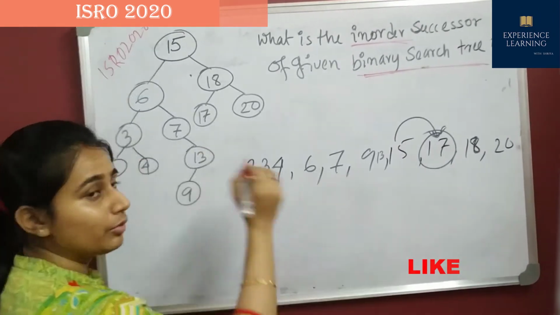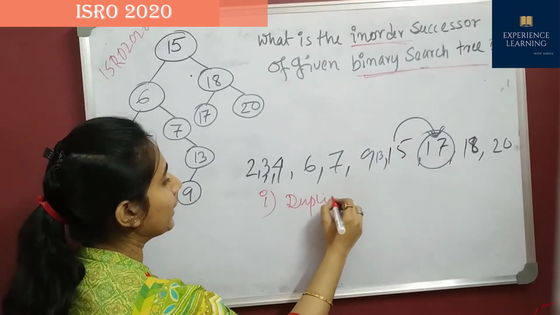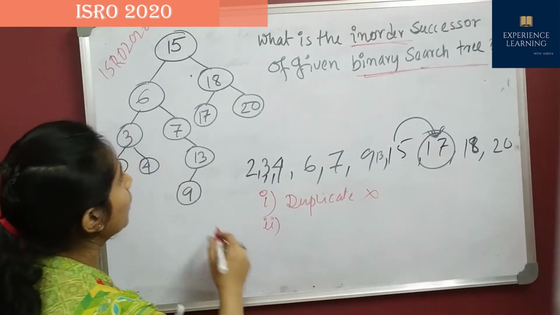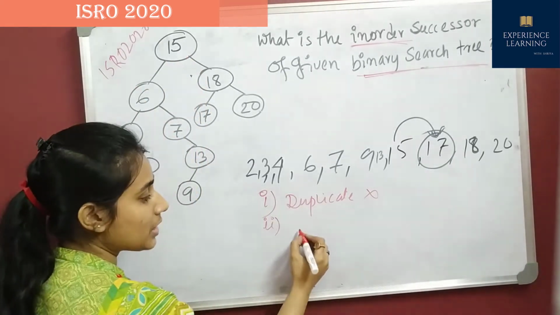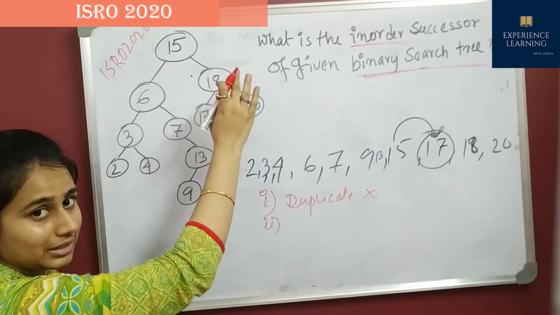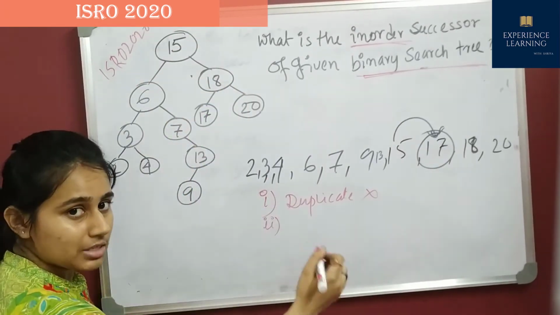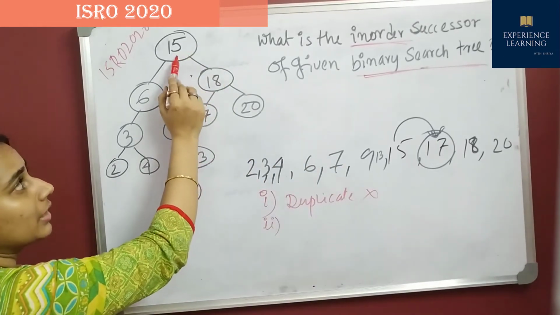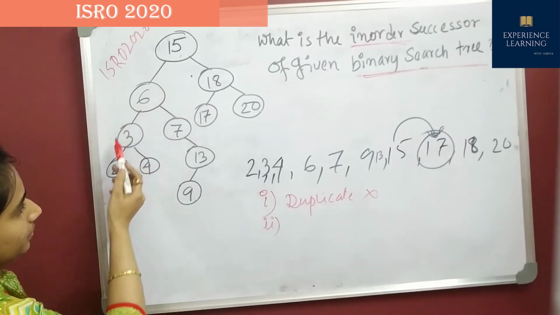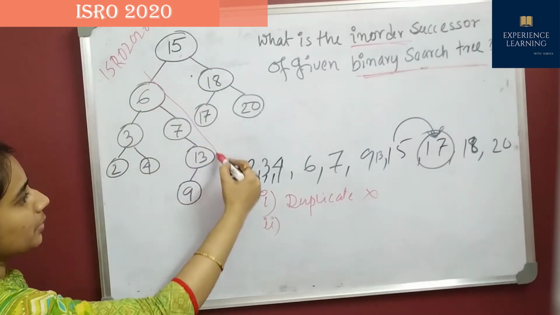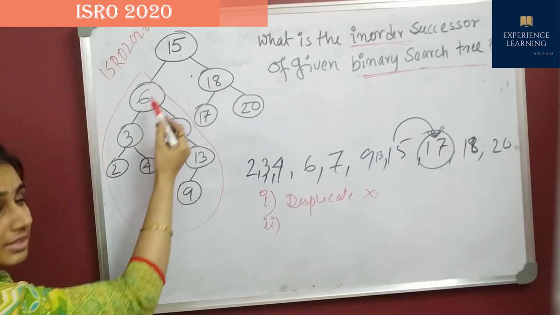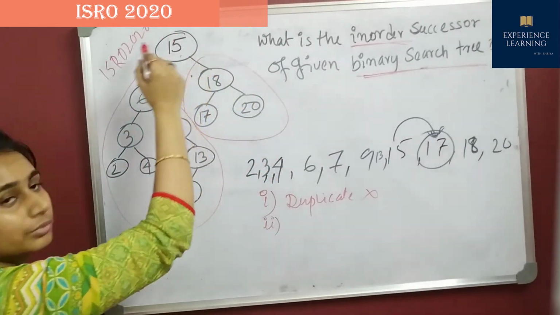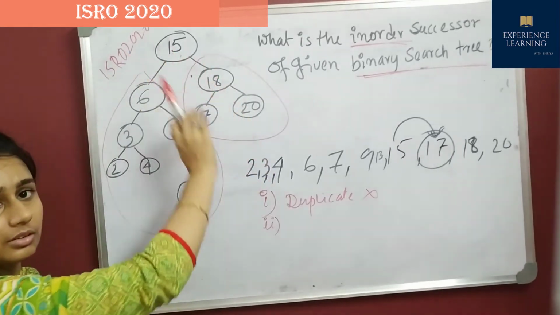Number one, there will be no duplicate node, and next the left subtree will always be lesser than the node and the right subtree will always be greater than it. Here you can see that for 15, all the values of the left subtree are lesser than 15 and all the values of the right subtree are greater than 15.